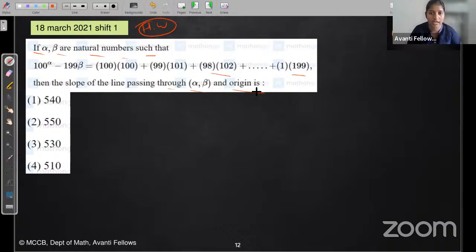So what will be the value of that? First tell me what will be the slope of the line passing through alpha, beta and origin. By origin we mean 0, 0, right? What will be the slope of the line? Let me know in the chat box.